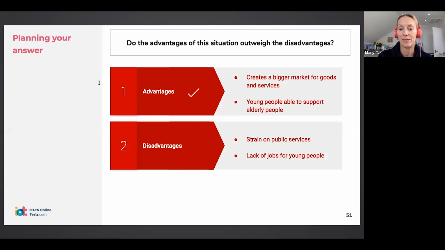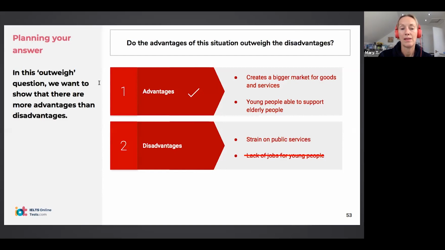That's the one we decided to focus on. The disadvantages, we're just looking at one, the strain on public services. The key point about this essay is that we need to show there are more advantages than disadvantages. It could be the other way around, but one has to be greater than the other.